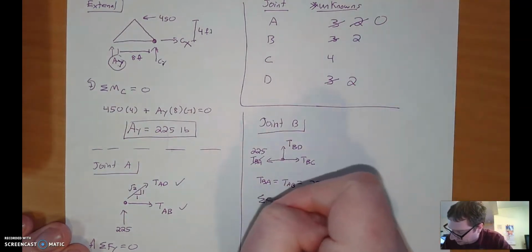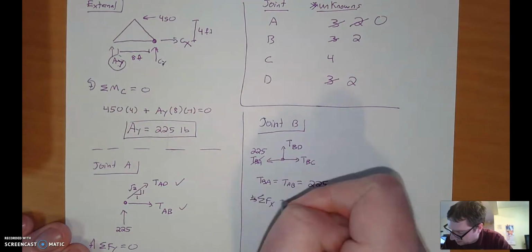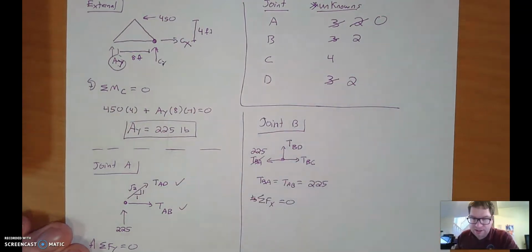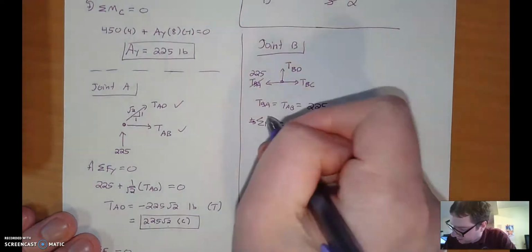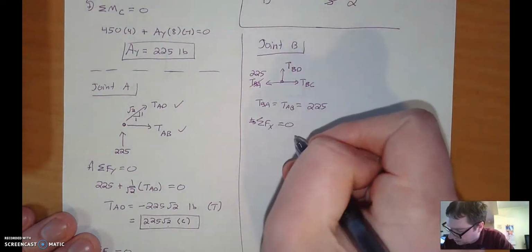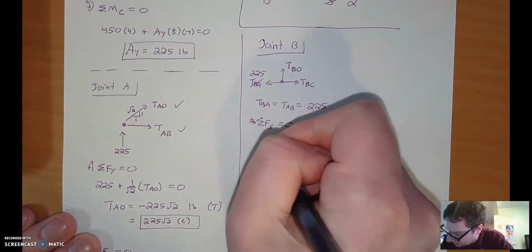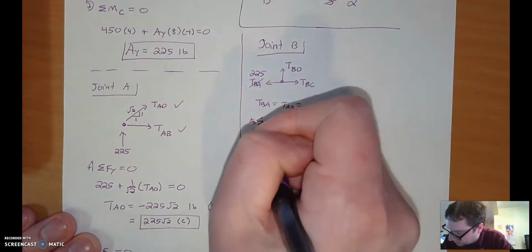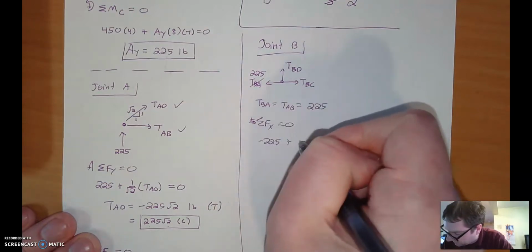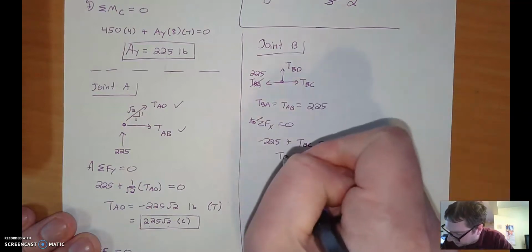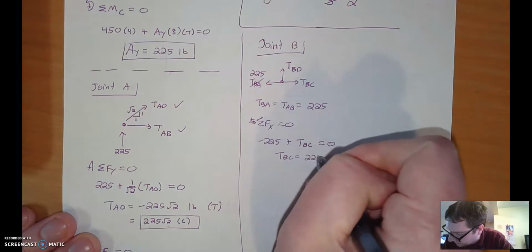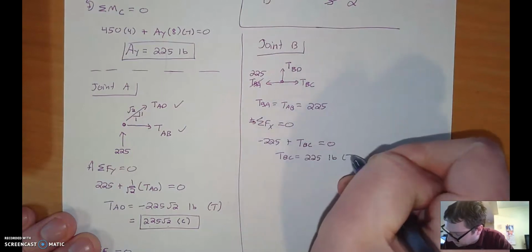We do forces in the X equal to 0. And I know you can just see it, but I still want you to write the equations out so that if something were to happen, you would at least show me that you knew what you were doing. So you get negative 225, again I assumed right was positive, plus tension BC, all equal to 0. Therefore tension BC is equal to 225 pounds in tension.